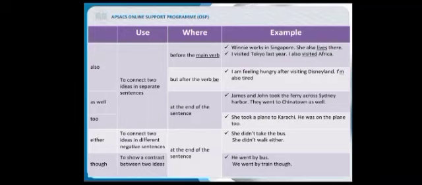Either. This is to connect two ideas in different negative sentences and is used at the end of the sentence. For example, she didn't take the bus. She didn't walk either. So this also connects the previous idea but in the negative way.